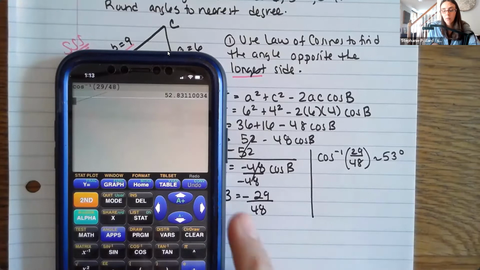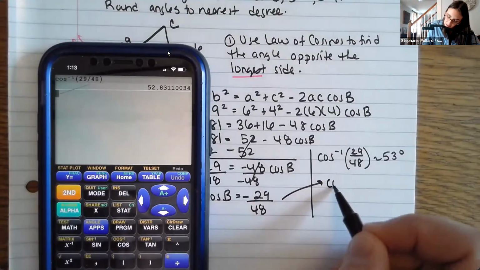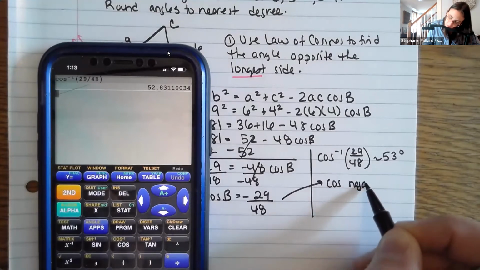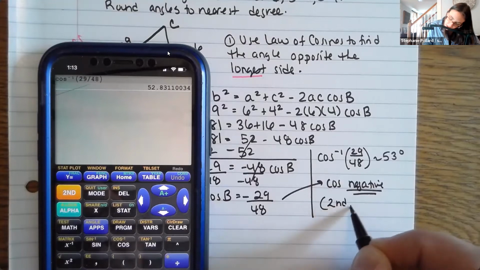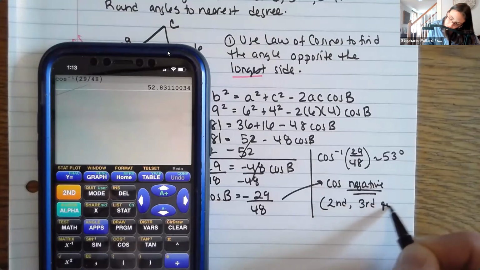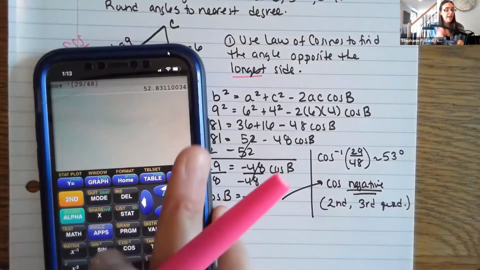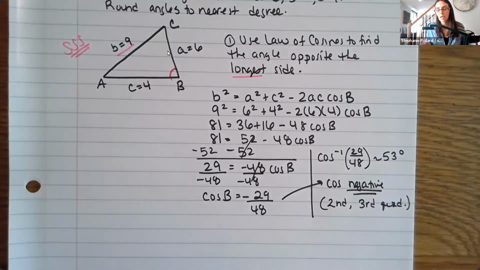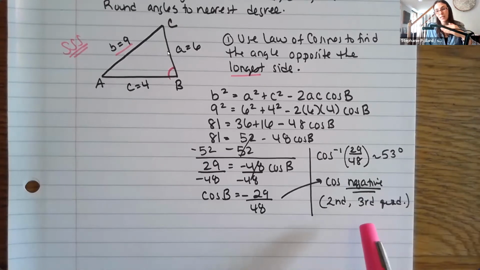We're not done though. Remember that cosine was actually negative. And cosine is always negative in the second and third quadrants. Now, if you think of a triangle, the angles add up to 180 degrees. So the third quadrant is going to be too big for an angle because the third quadrant is between 180 and 270.